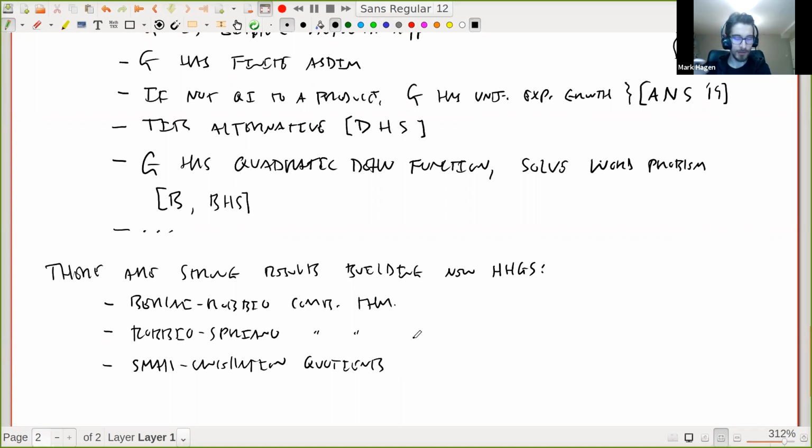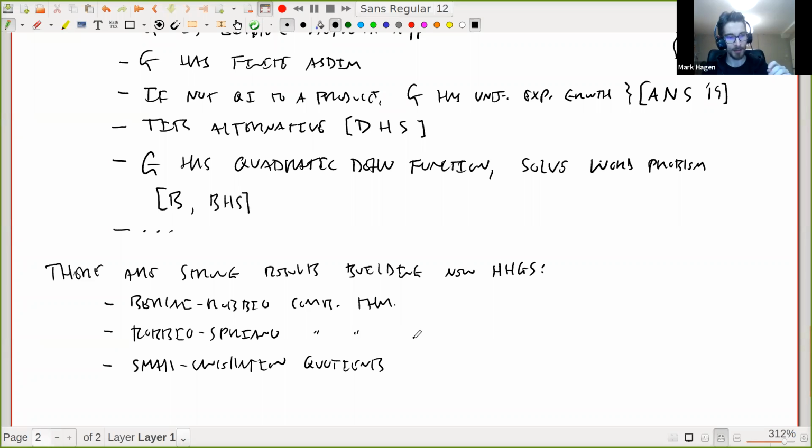The prototypical example here is the motivating example of an HHG, the mapping class group of a surface, where you choose a pseudo-Anosov element. We'll talk about this a bit more later, but I think of it as just an element that acts as a loxodromic isometry on the curve graph of the surface.